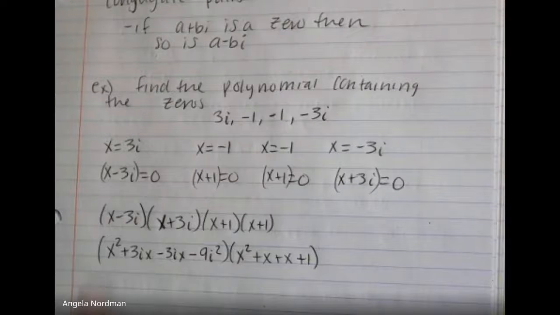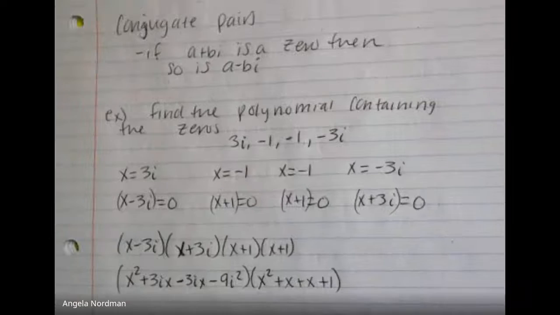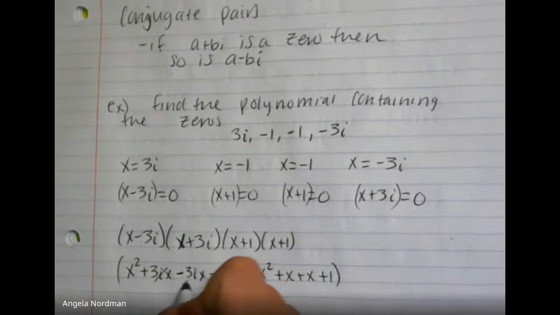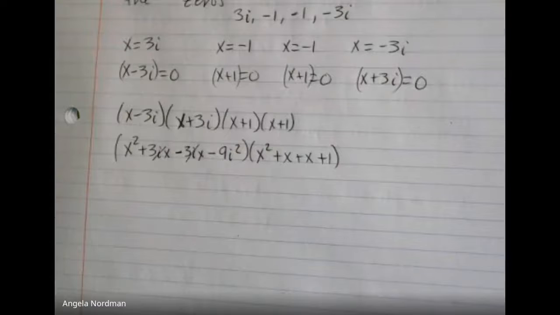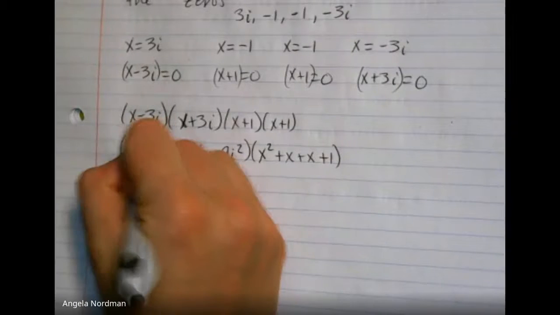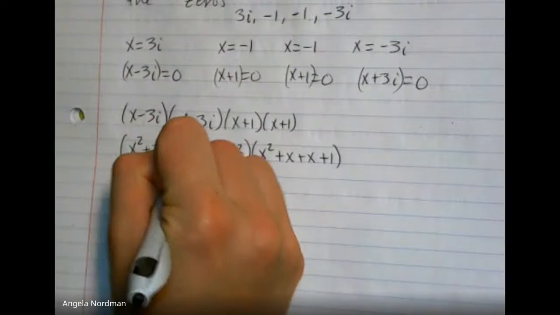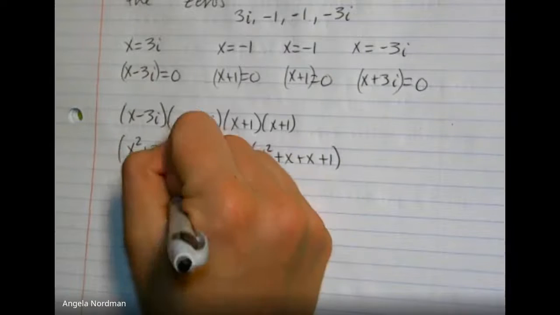Sorry, I got distracted. So let's go ahead and start putting together our like terms. In this case, those two cancel out because they're conjugates of each other. Positive version, negative version. So that leaves me with x squared minus 9, but I'm replacing i squared always with negative 1.